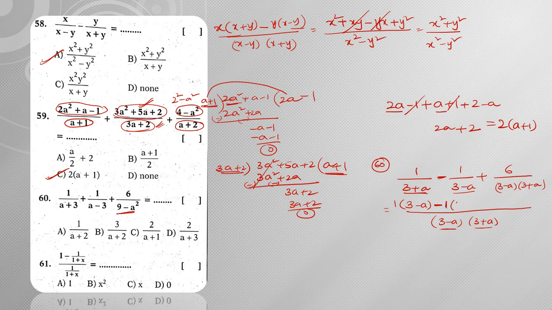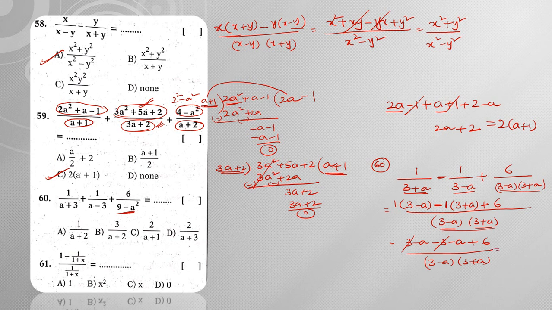That means we are going to multiply with the 3 plus a in the numerator. Next, plus, here the whole thing is present in the denominator, so directly I can write 6. Now on simplification, when you multiply minus 1 into 3 plus a, I can write this as minus 3 minus a plus 6 divided by 3 minus a into 3 plus a. Now here minus 3 plus 3 gets cancelled. Okay, so here minus a minus a is minus 2a.